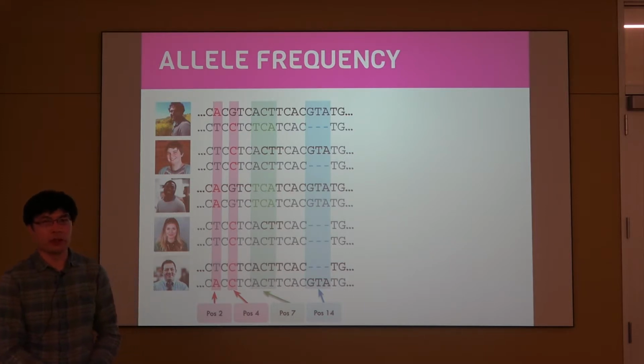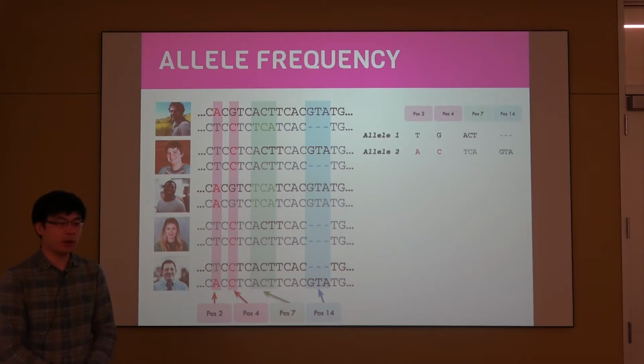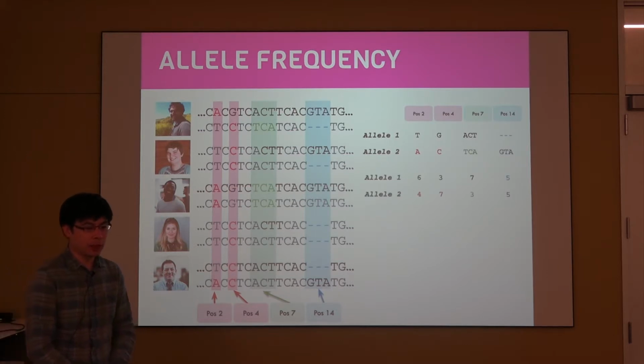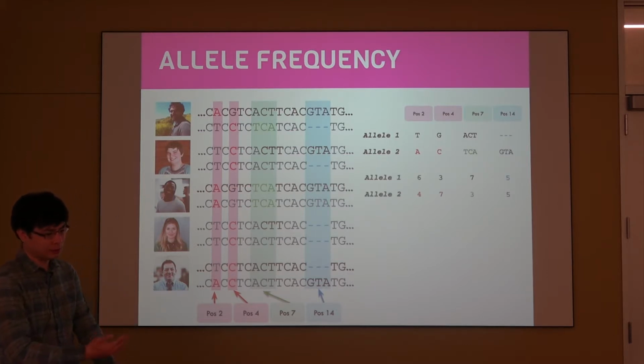And usually when we're talking about alleles, we have to talk about allele frequency. And this is also explained in another module. The math behind this is explained very well in the module on population genetics. But very simply, when we look at the alleles in the population, using the same example of T and A, you can see that in this population, at position 2, there's 6 T alleles and 4 A alleles.